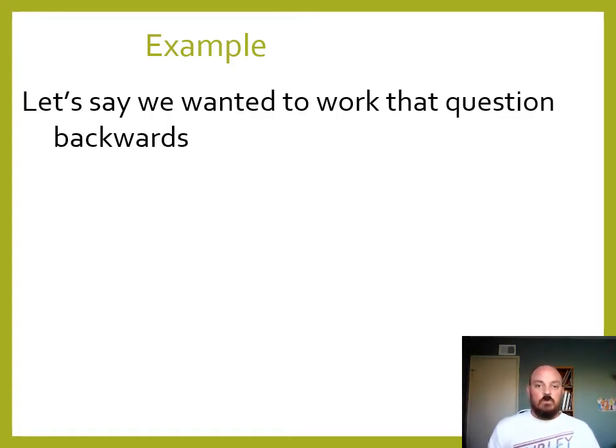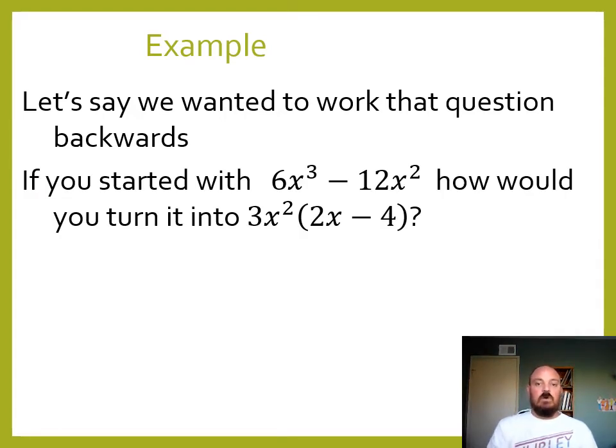We want to be able to work questions like that one backwards. We want to start with the polynomial and end with the distributive property question. So the question we're asking ourselves, if I started with 6x cubed minus 12x squared, how could we turn it into 3x squared times, and then parentheses, 2x minus 4?